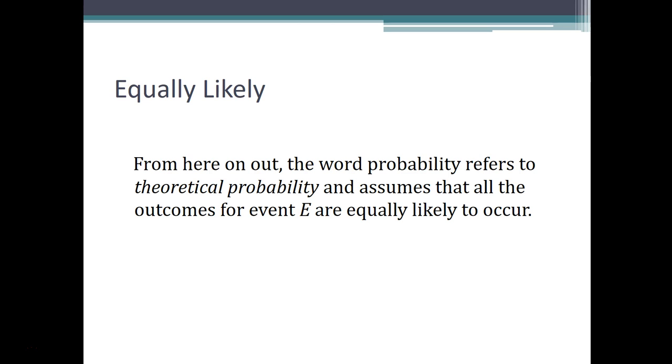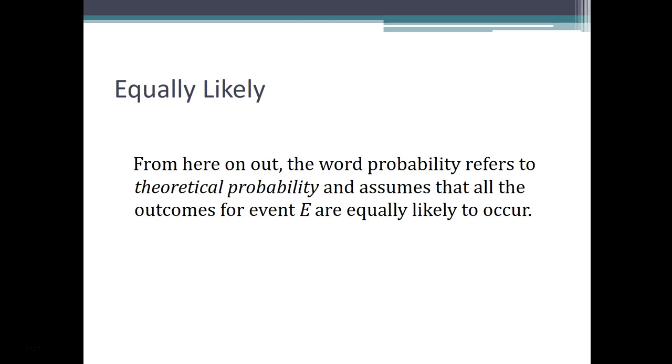From here on out, though, we're going to start working with theoretical probability. So the first part of the lesson, you have empirical probability. Then we're going to switch gears and we're going to go to theoretical probability. We're going to assume that all outcomes are equally likely to occur in all of our problems. So you flip a coin, equally likely to get heads or tails. There's no unfairness, no weighted anything. And we're going to follow what would happen theoretically.